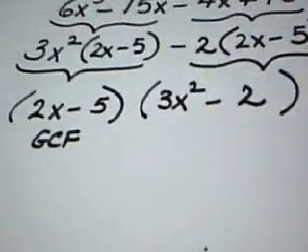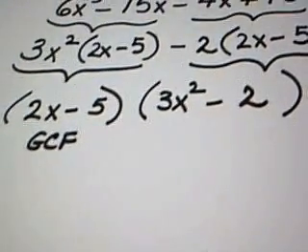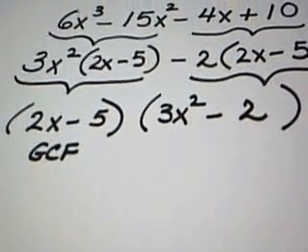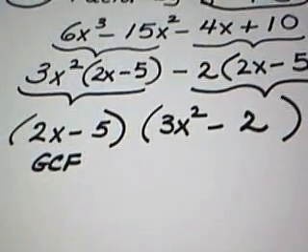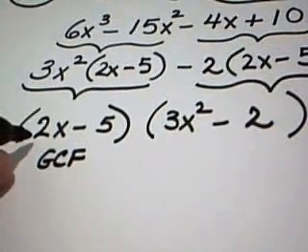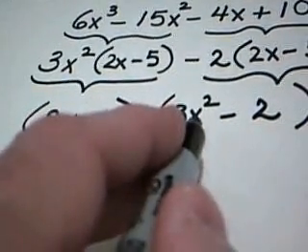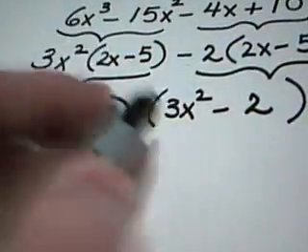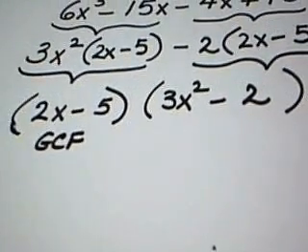It doesn't matter where it goes because it's a multiplication problem, and remember that multiplication is commutative, meaning you can multiply in any order and still get the same answer. But what is mandatory here, the 2x minus 5 has to go in parens, and the 3x squared minus 2 has to go in parens. It's an all or nothing factor, and it's very important you have the parens.